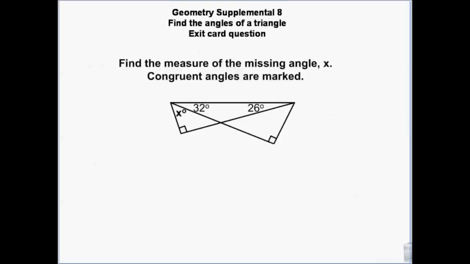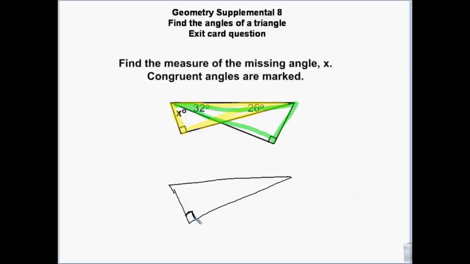Sometimes we have triangles that are compound triangles, and they're triangles on top of triangles. I have a yellow triangle and I have a green triangle. As you can see, X is only in the yellow triangle, so I'm only concerned with the yellow triangle. So sometimes it's helpful to kind of redraw that, except in a way that works.